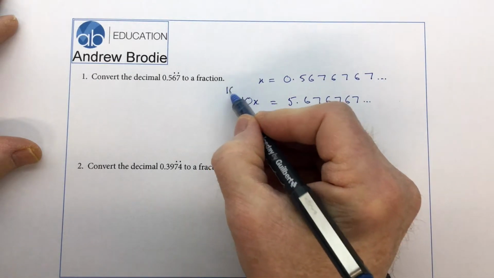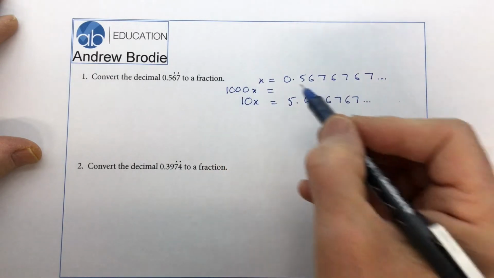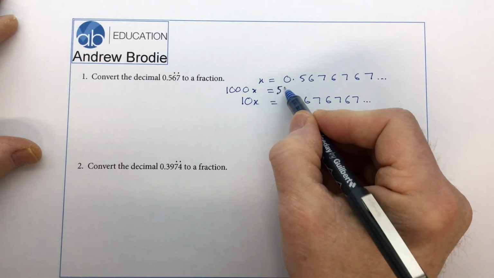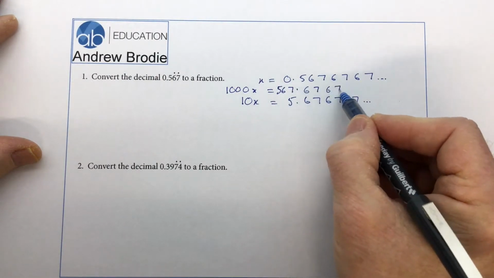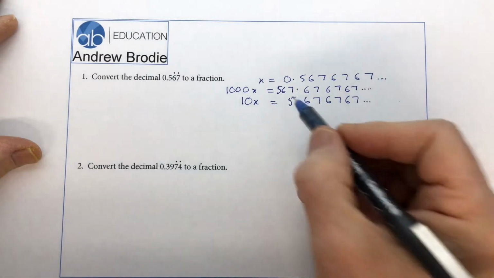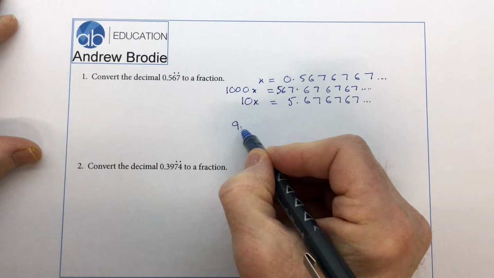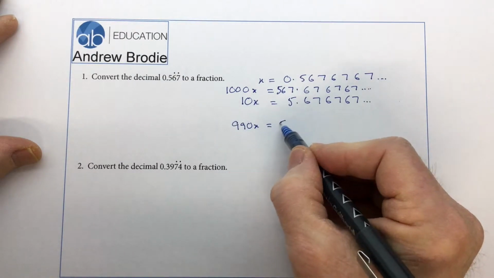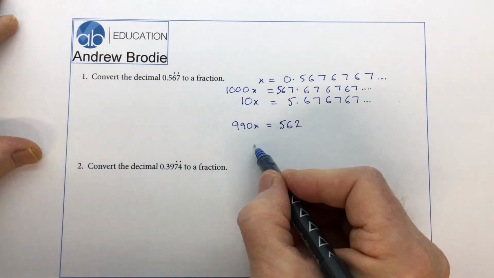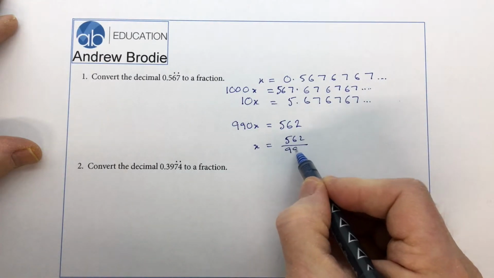So 1000 times x, we're going to get 567.676767 and so on. Now we can do the subtraction. So we're going to have 990x is equal to 562. So x will be 562 over 990.